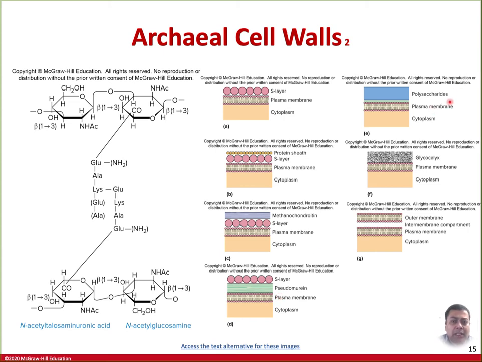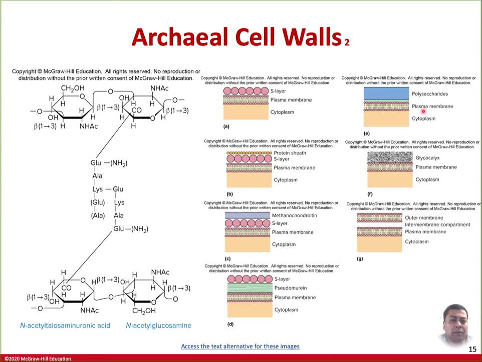On the other hand, you can see that you have a polysaccharide. This is like a capsule or slime layer outside the plasma membrane, and you have only that. That's it. There is nothing else. This type can be present in some Methanothermobacter and Methanosphaera. This is another glycocalyx, which is loosely arranged.